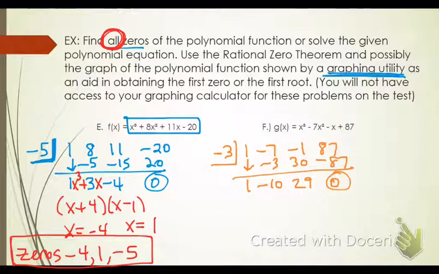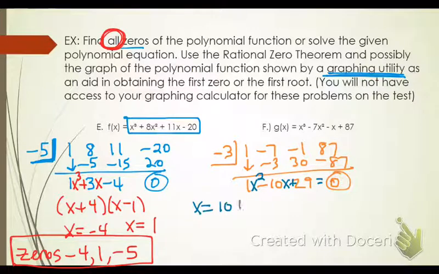But then what happens here is that when you put in your x's and set this equal to 0, it doesn't factor. So if you get a quadratic that doesn't factor, you have to use the quadratic formula.